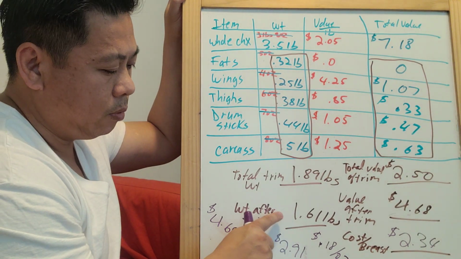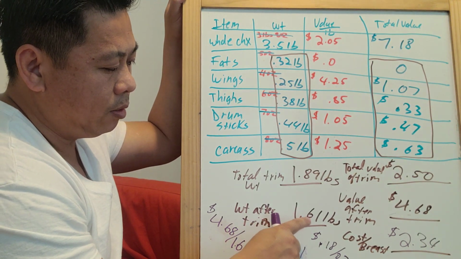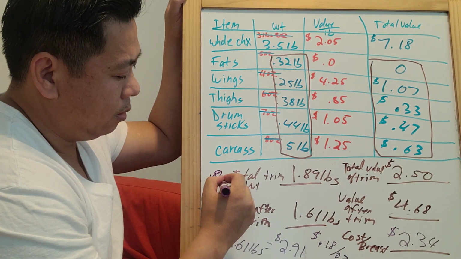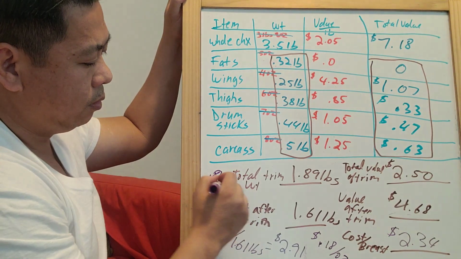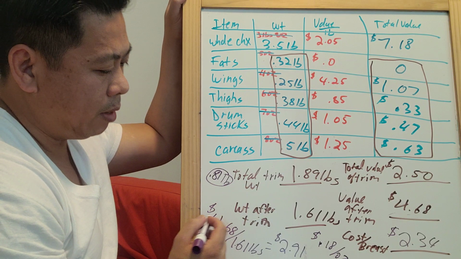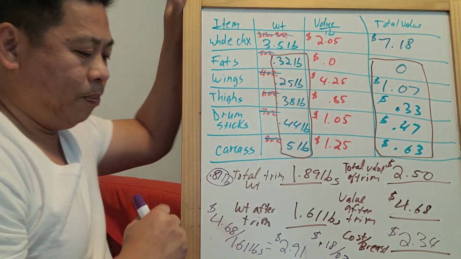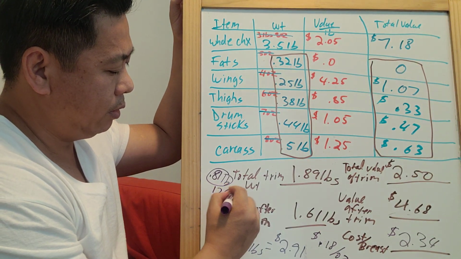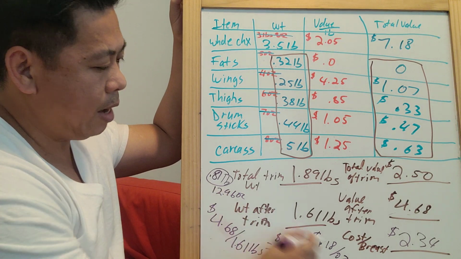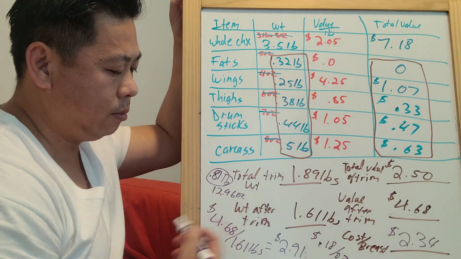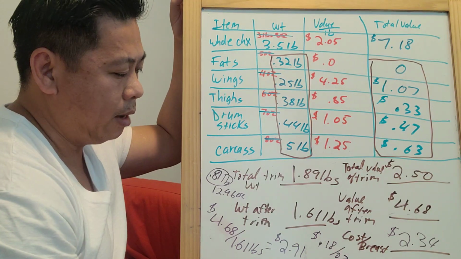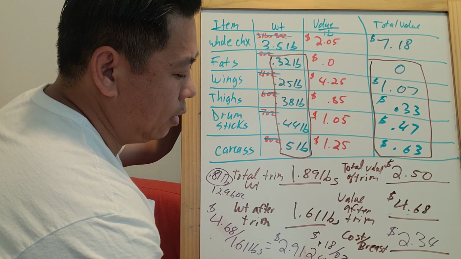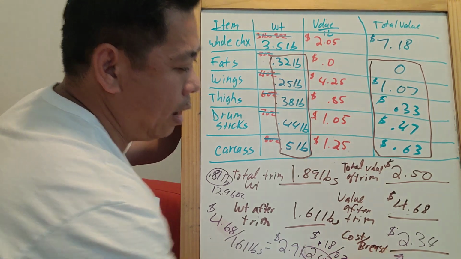So if you take this 1.61 divided by 2, which is 0.81 pounds for one chicken breast, you multiply that by 16 to get ounces, roughly about 12.96 ounces. If you multiply that together, you'll get another value, which is kind of close to that. The value is going to be a little higher, $2.47 per chicken breast rather than that.